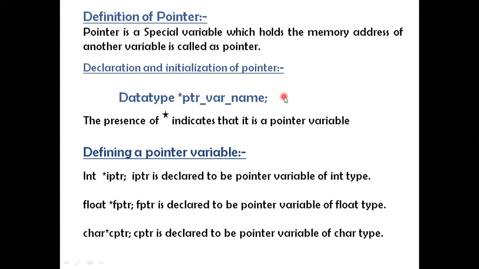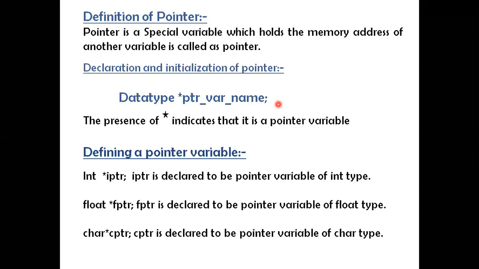So if you find an asterisk on your screen, that means this is a pointer variable. In some programs, if you notice an asterisk in the declaration part, you can easily come to know that it is a pointer variable, isn't it? This is the definition and this is the declaration of a pointer variable. In the previous question paper, it has been asked for a single mark: write the general syntax to declare a pointer variable.